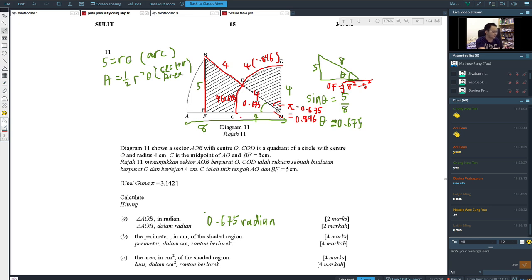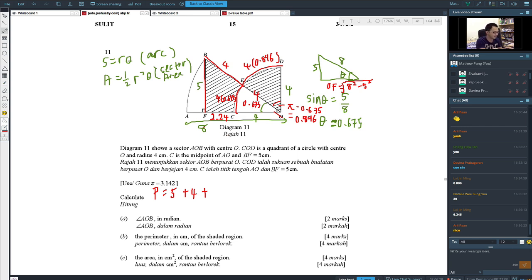So I will just write here. I will add everything, starting from F to B first. The perimeter is 5 plus 4 plus 4 multiplied by 0.896, which gives 3.584.